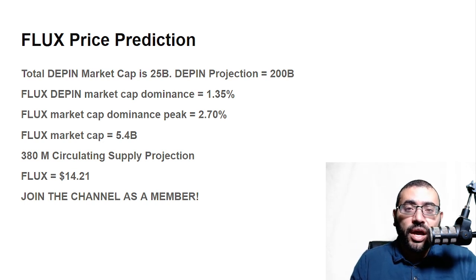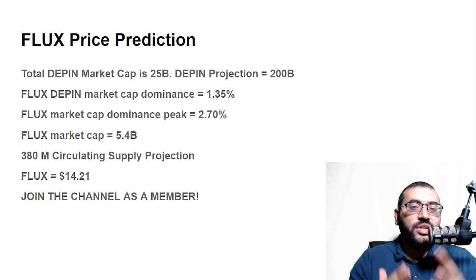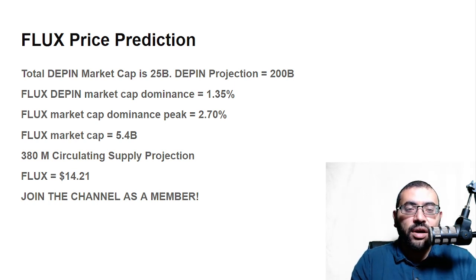Looking at Flux, their current market cap dominance is 1.35%. I would expect that to double by the peak as we see some kind of parabolic move with Flux. We have a long way to go. That would give us a market cap for Flux of $5.4 billion, which I don't know if that sounds conservative, but I do want to tell you that's a 9x from its 2022 peak.